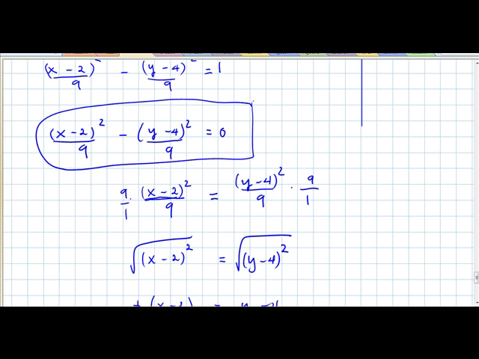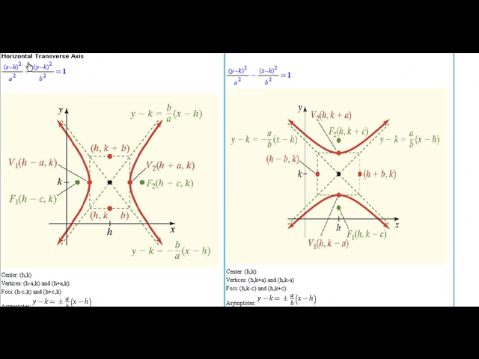Okay, remember the equation of the asymptote for the horizontal versus the vertical transverse axis is really different.